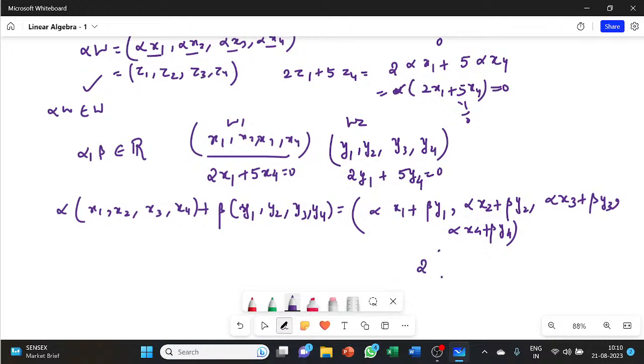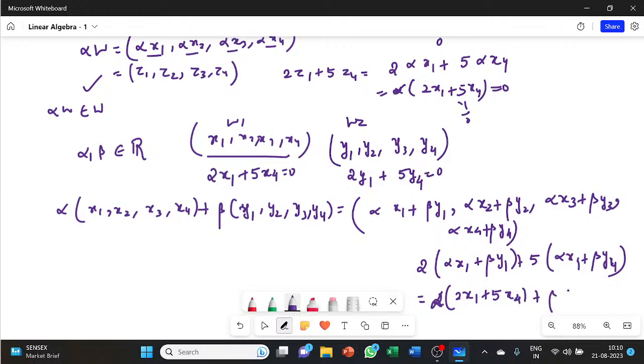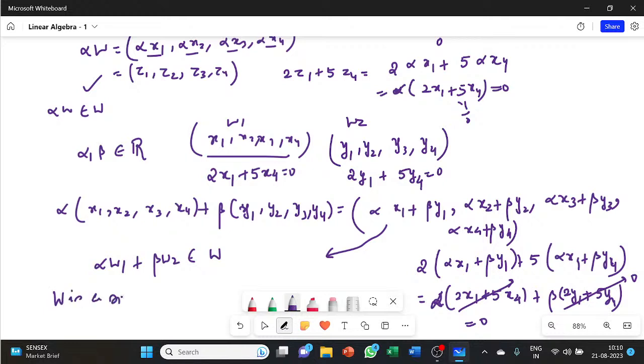Now if you think about 2 times alpha x1 plus beta y1 plus 5 times alpha x4 plus beta y4, it would be simply equal to, if you take alpha common, 2x1 plus 5x4, and if you take beta common, 2y1 plus 5y4. This is 0, this is 0, so you are getting 0. So clearly I can say that if w1 belongs to W, w2 belongs to W, then alpha w1 plus beta w2 also belongs to W, which implies my W is a subspace of R power 4.